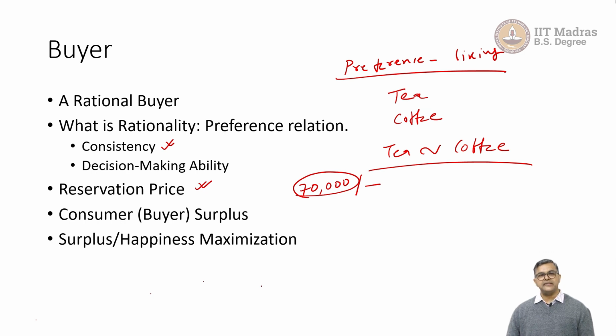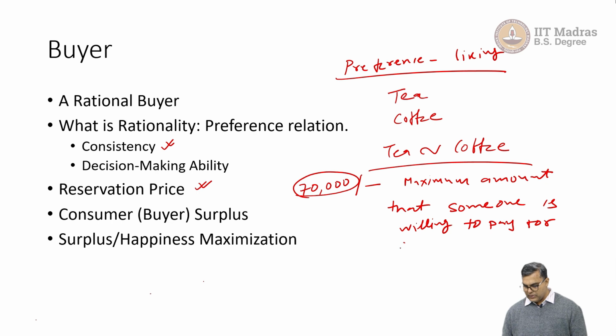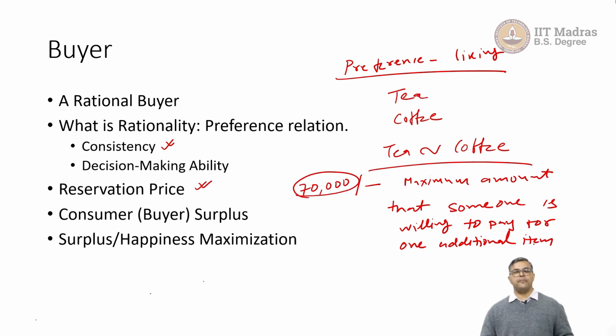What we mean by reservation price is the maximum amount that someone is willing to pay for one additional item. So, from 0 apartments to renting an apartment, someone was willing to pay up to 70,000 rupees, his reservation price is 70,000.